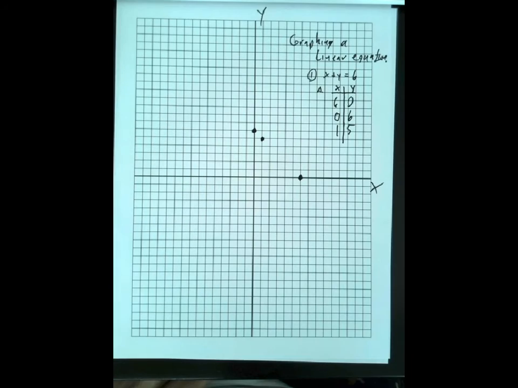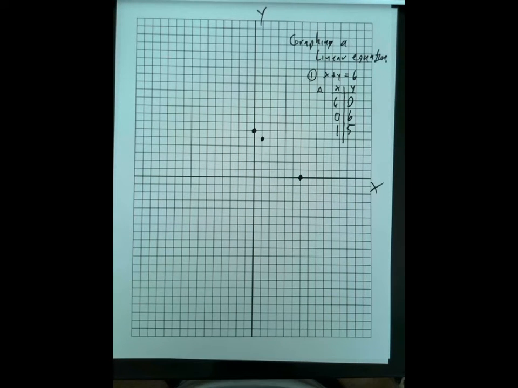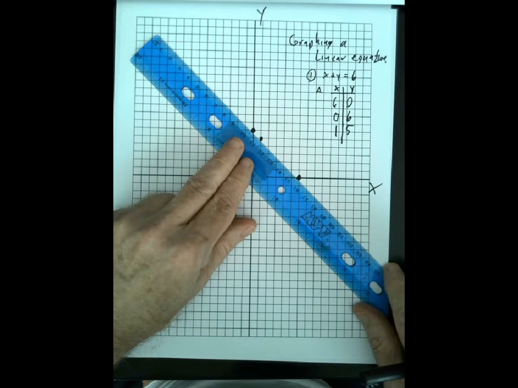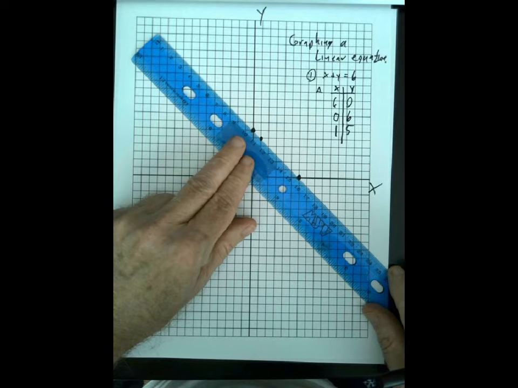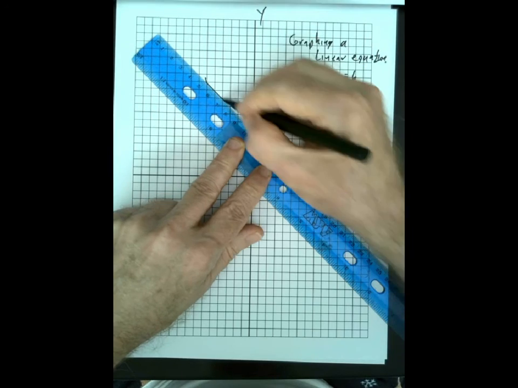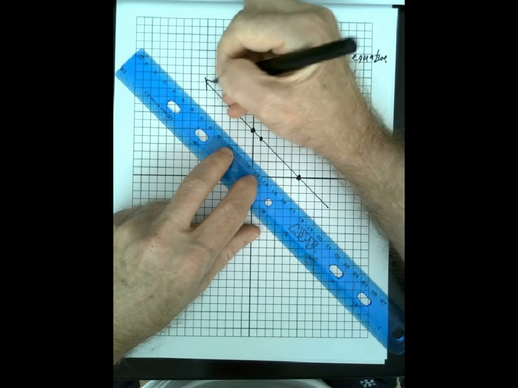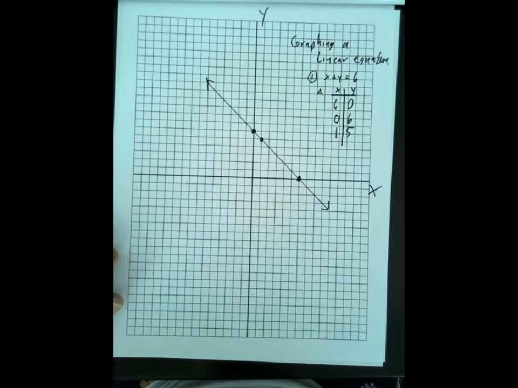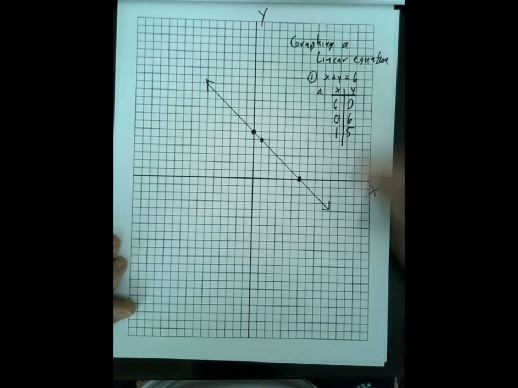Now here's the thing. If we do this right, if you calculated your 3 points correctly, they will fall on a nice straight line, and we don't need to do anything else except take up my ruler, use a ruler. That line represents all the other ordered pairs, and we don't have to calculate anymore.